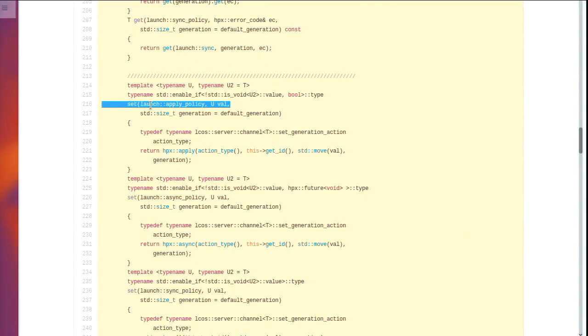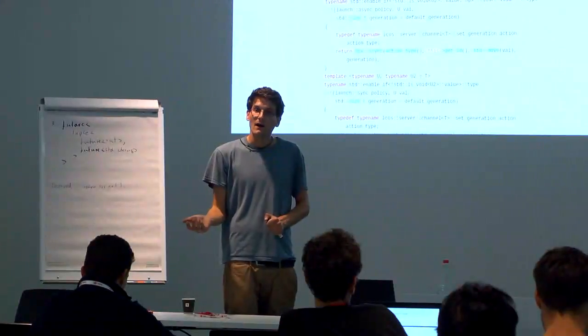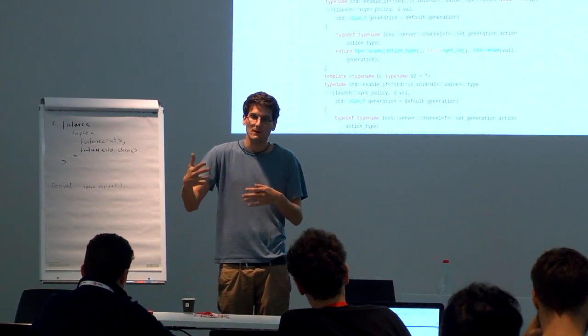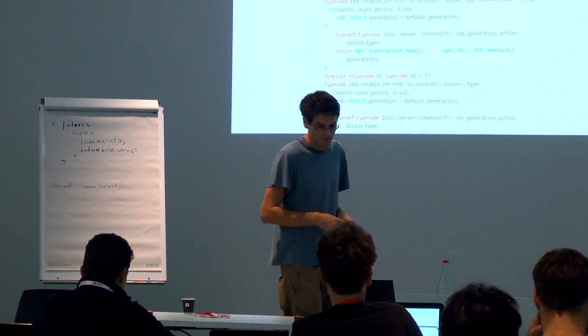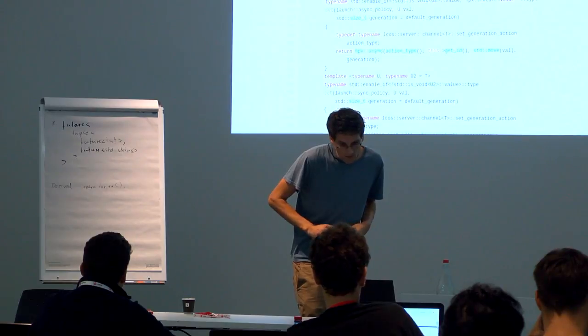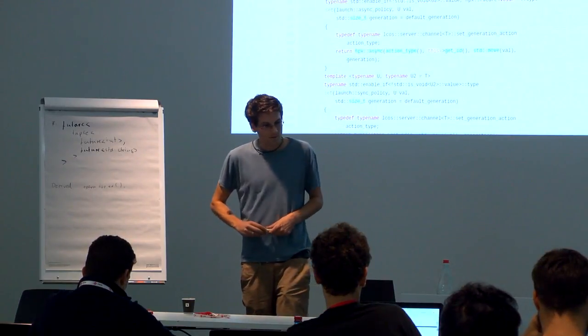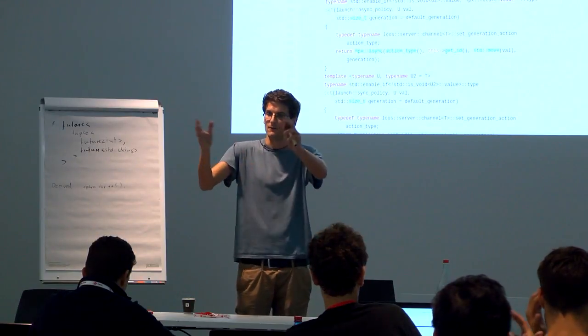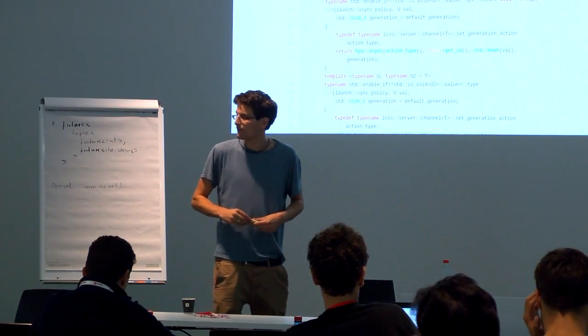One optimization that we have here is the apply policy. You can just launch the function, just spawn it, without getting any synchronization possibilities back. So it just returns void or bool in that case. It's a fire and forget invocation of that action.